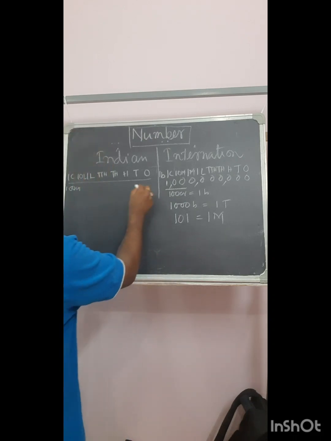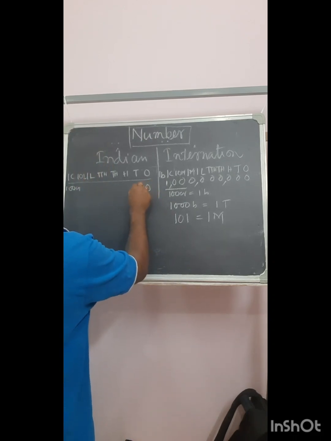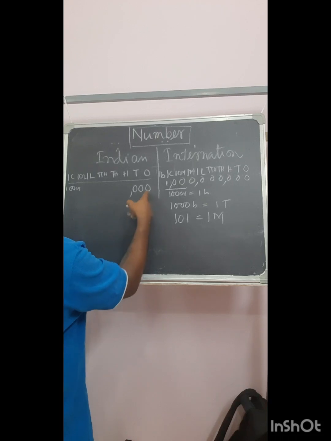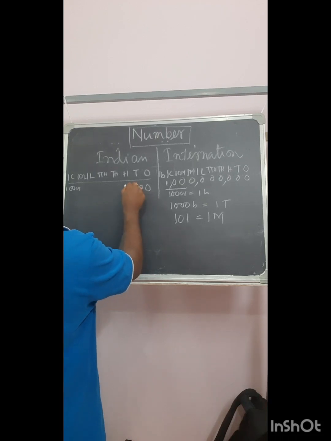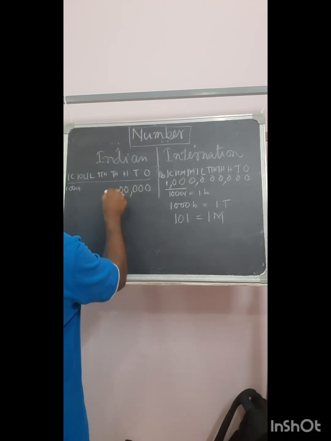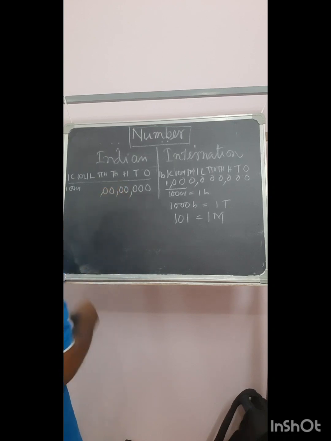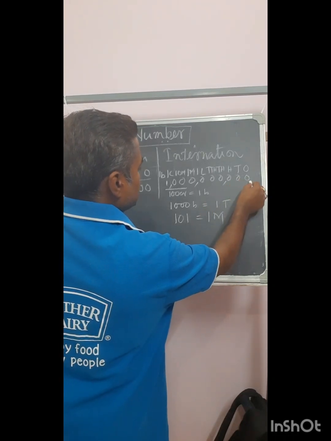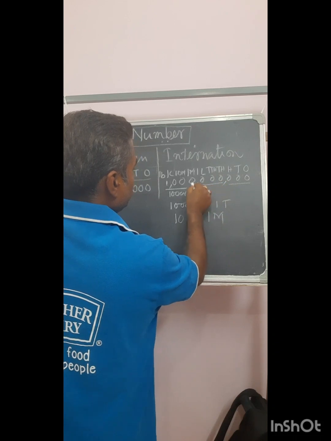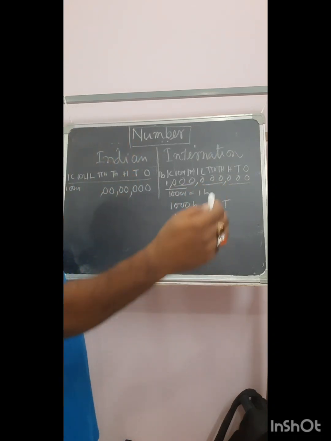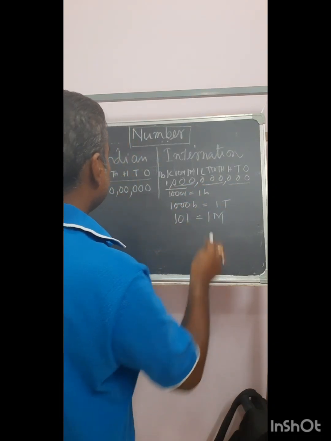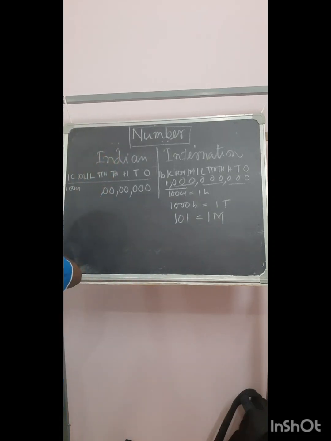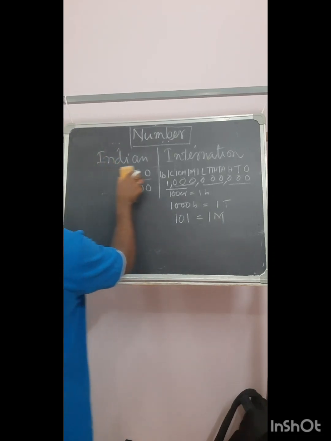Another difference is that in our system we put the first comma after the first 3 digits, then a comma after every 2 digits, whereas in their system they put a comma after every 3 digits from the right-hand side. These are the basic differences between the Indian and international systems.